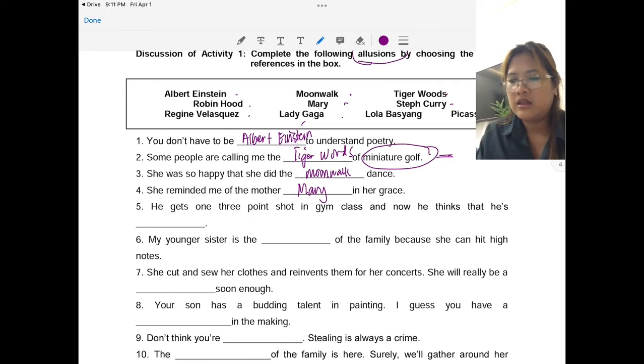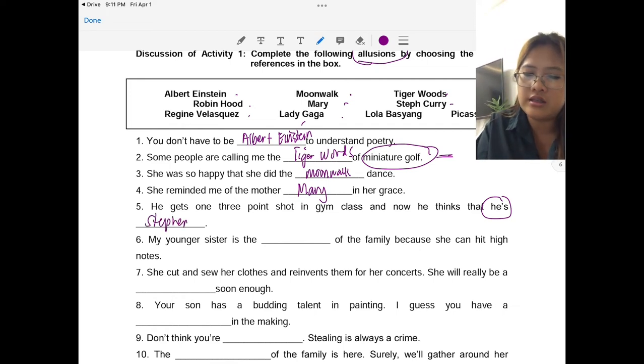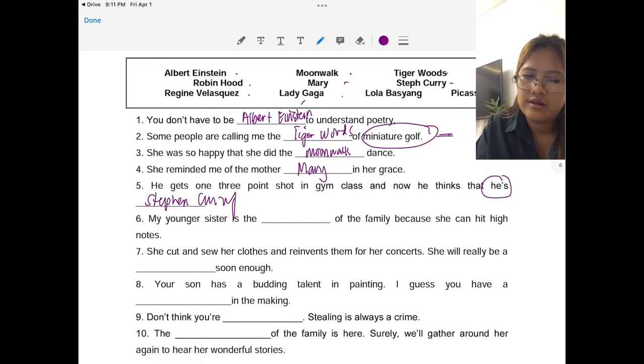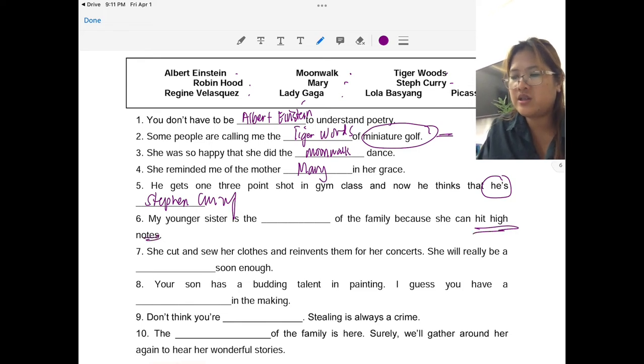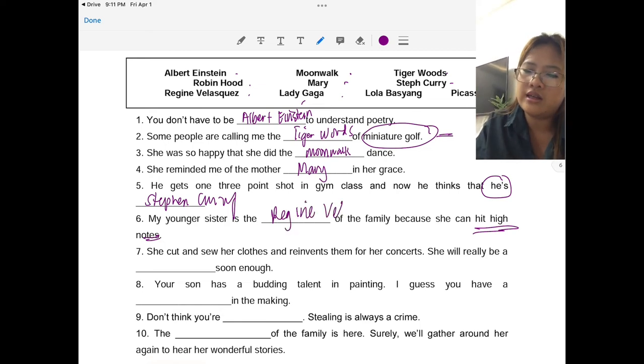"He gets one 3-point shot in gym class and now he thinks he's" which basketball player? Stephen Curry. "My younger sister is the blank of the family because she can hit high notes." So, who hits high notes? Regine Velasquez.